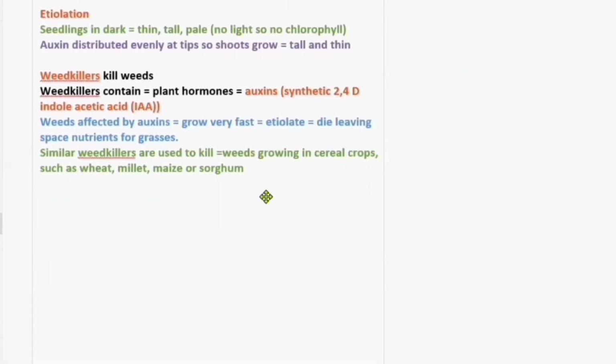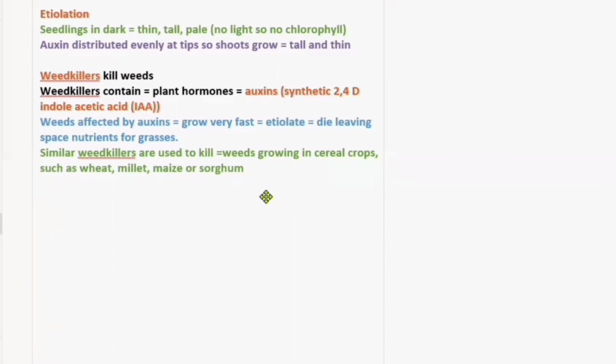Right. Etiolation is when the seedlings are grown in dark. In dark means that the auxin is evenly distributed as there is no light, right? So what happens, it helps in the growth of the plant upward. So the stem or the plant grows straight upward.